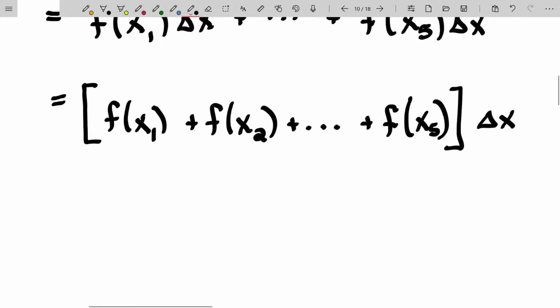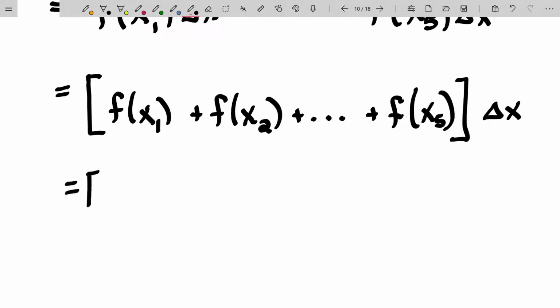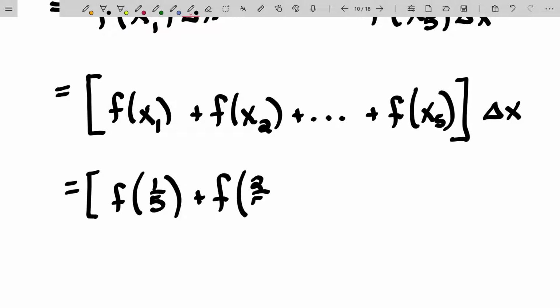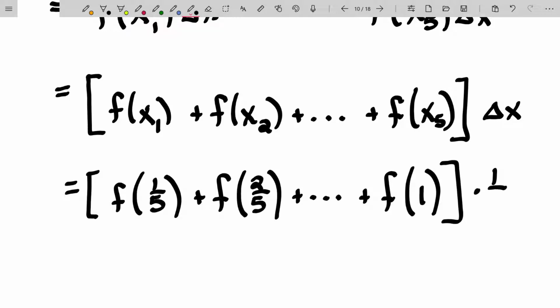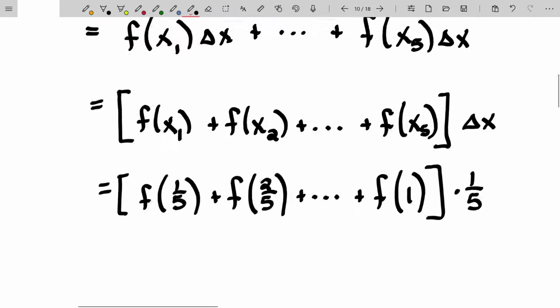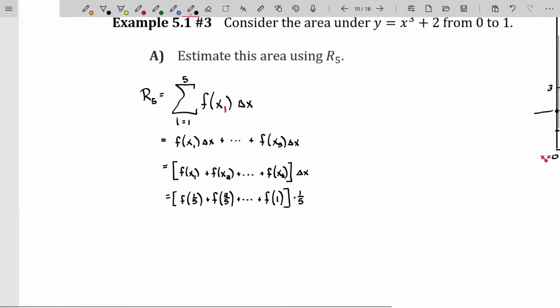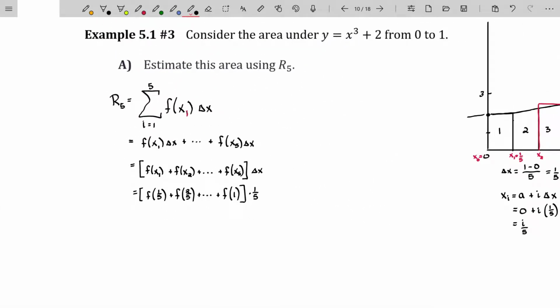So this will be f of 1/5 plus f of 2/5. That sets the pattern, and we go all the way down until we get to f of 5/5, which is 1, times delta x, which is 1/5. And then we just need a calculator. Honestly, that's the only thing you're going to use here, because there's no way you want to do this by hand.